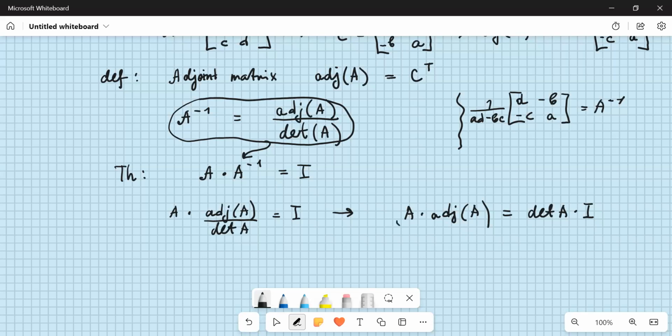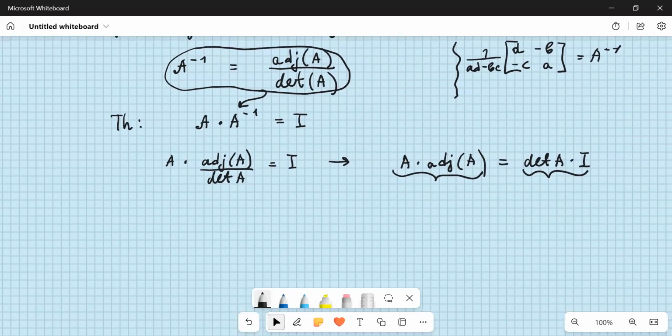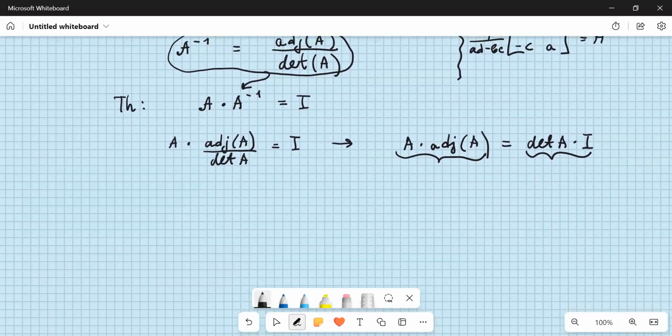I'm going to prove that this one equals this. And then we can move the determinant to the left side and show that it's identity. How am I going to do this? I'm going to start by writing down the expression: A multiplied by the adjoint matrix of A.